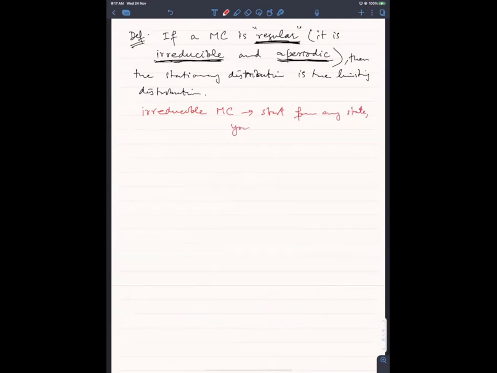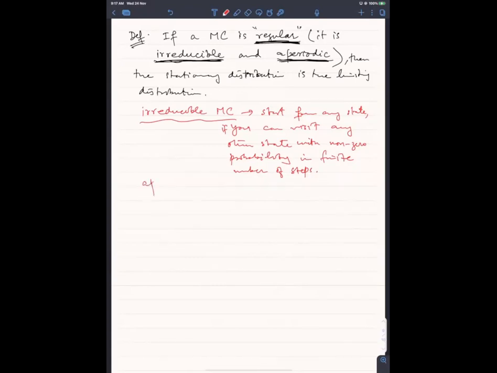If you can visit any other state with non-zero probability, अगर कहीं से रास्ता नहीं बंद हुआ, with non-zero probability in finite number of steps. So that kind of a Markov chain would be an irreducible Markov chain.